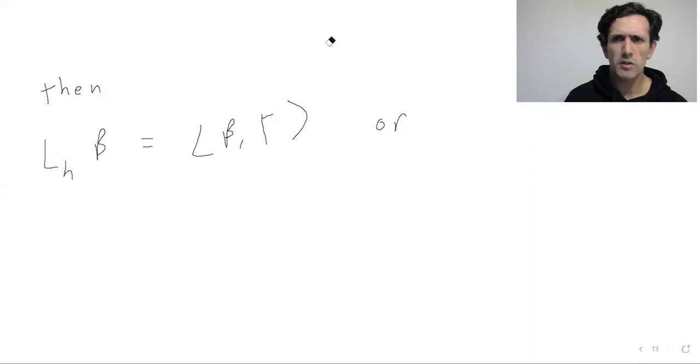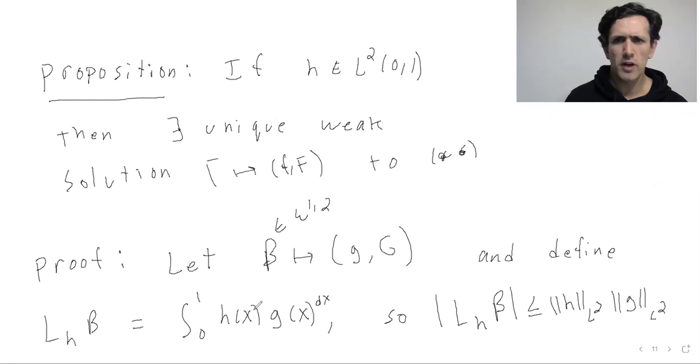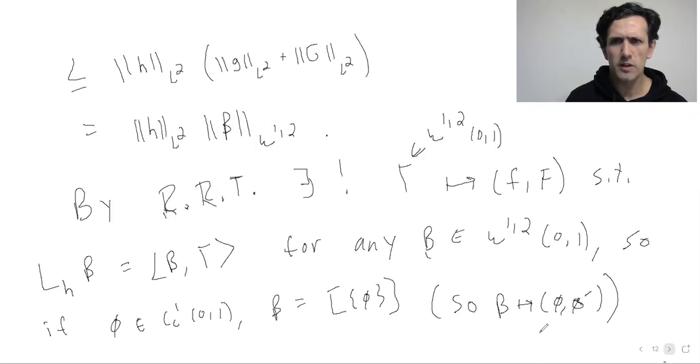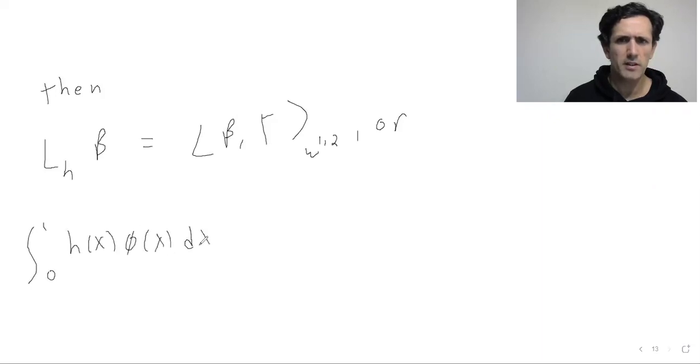And this is W^1,2. Okay, right, so remember what the definition is. It's the integral from 0 to 1 of h of x, g of x. So here, this is just phi, so it's the integral from 0 to 1 of h of x, phi of x dx. And this is good.